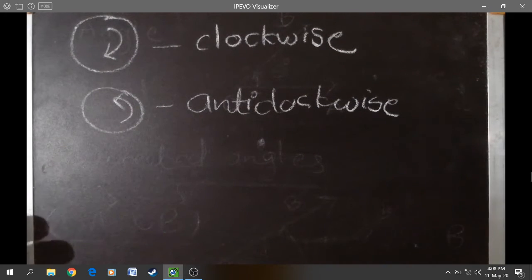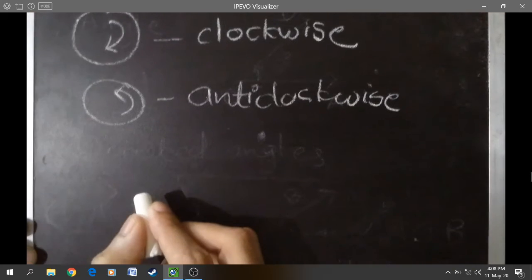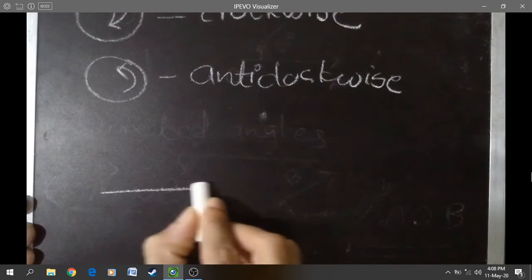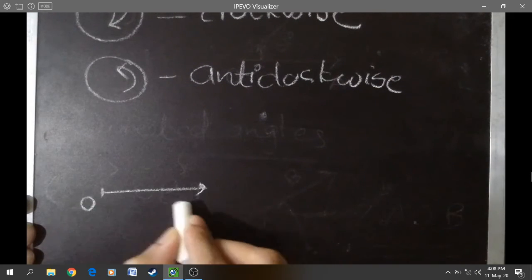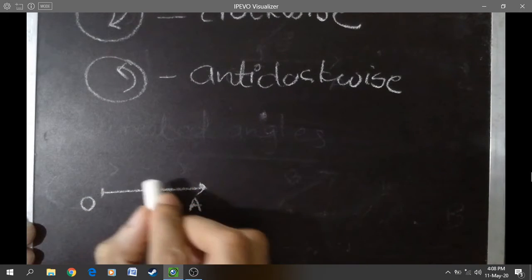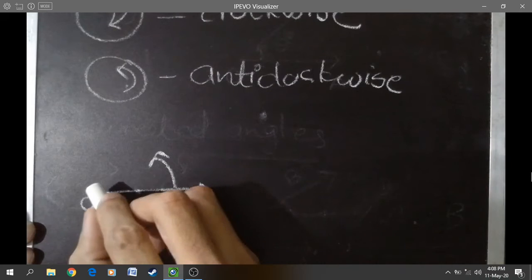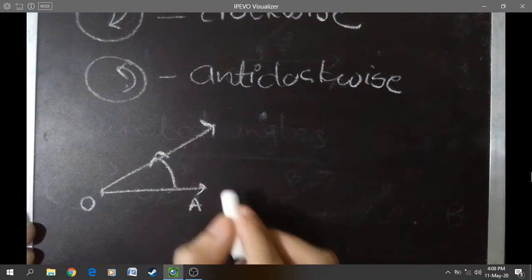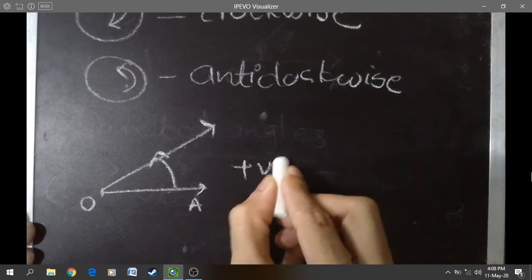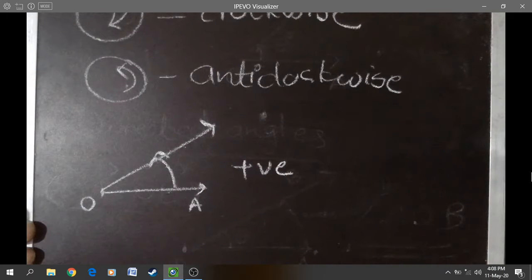In our angle, when our initial ray, suppose this is the initial ray OA, is rotated anticlockwise, this direction, then it should be positive, right?